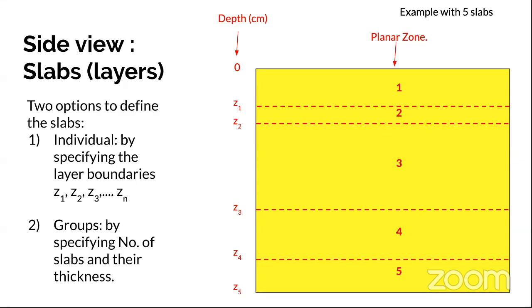I need to put 1, 2, 3, 4, 5, 6 until 30. But if I use the group method, I need only 1 line. I will just specify that I have 30 slabs and their thickness is 1 centimeter. So this should populate or define this geometry. Okay, clear?